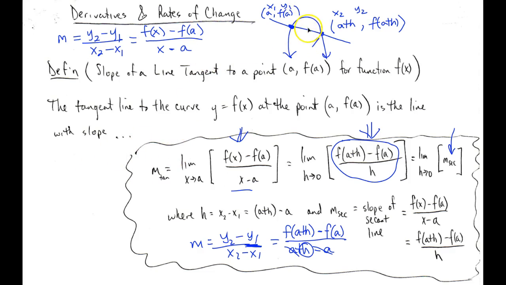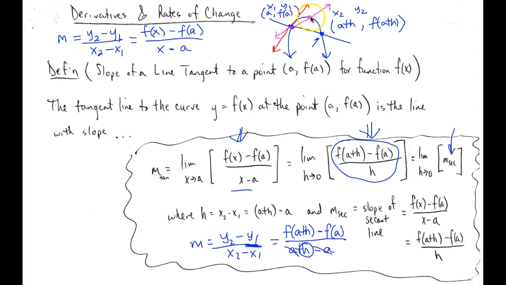So I'm going to pause this video for a second and draw the tangent line and then draw another secant line, so you can see how the secant lines actually morph into the tangent line. Now that I've drawn these lines, the pink or magenta line you see here is where I've taken this point, a plus h, f of a plus h, and moved it up some.